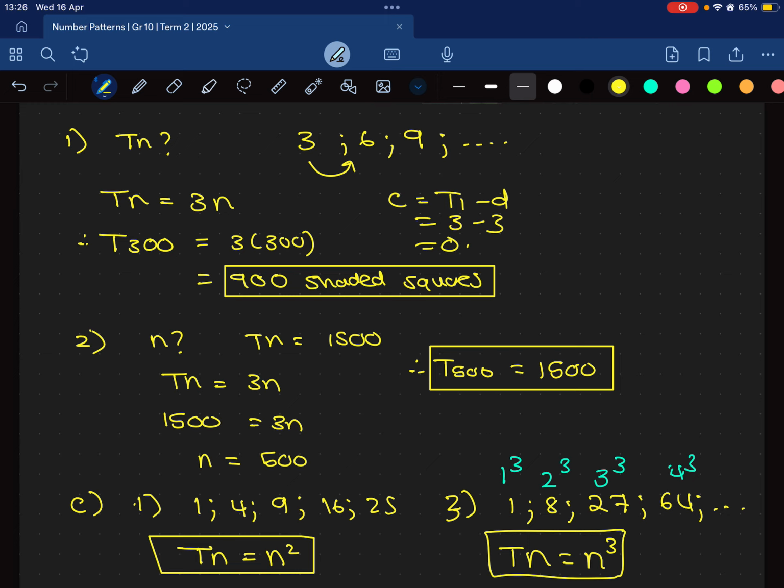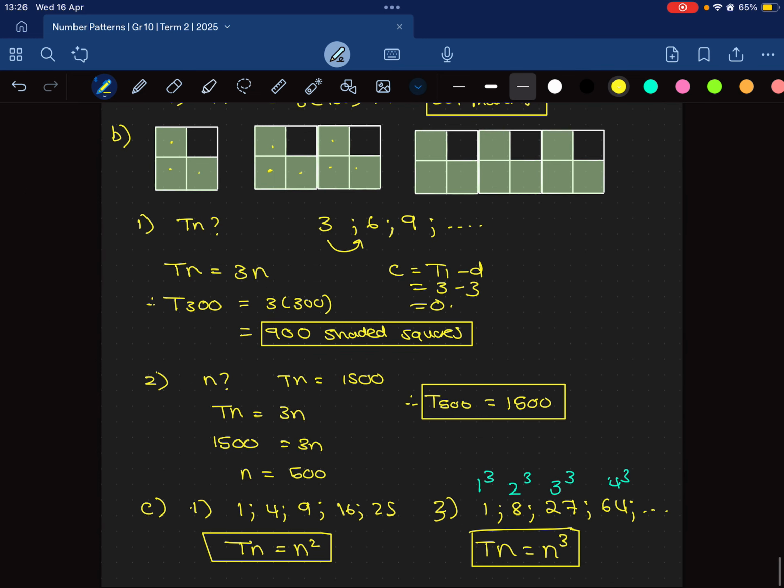These are the two special types of number patterns that we can ask you in grade 10, so make sure that you remember them and are able to identify them. That's essentially the corrections for exercise 3.2. The next lesson is going to be on a brand new topic, and I'll see you then.